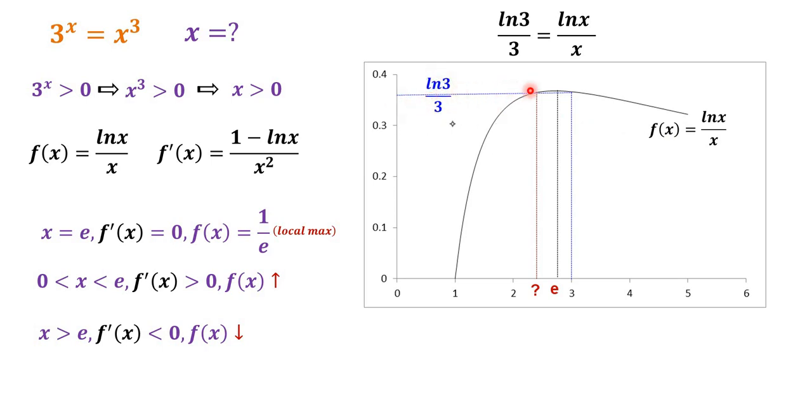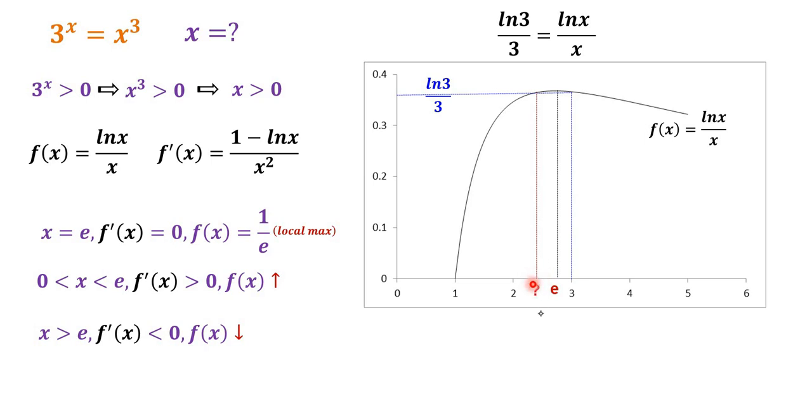So this straight line at ln 3 over 3 has one intersection, that is x is equal to 3, and the other intersection's corresponding x is the other solution of the original equation.